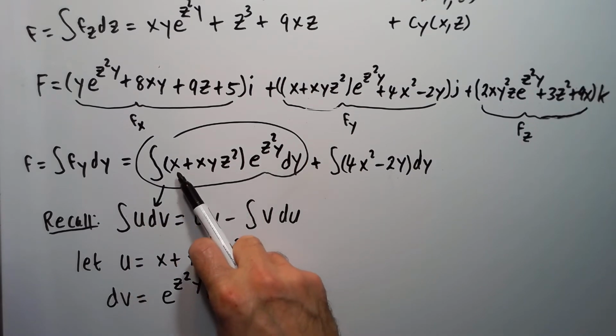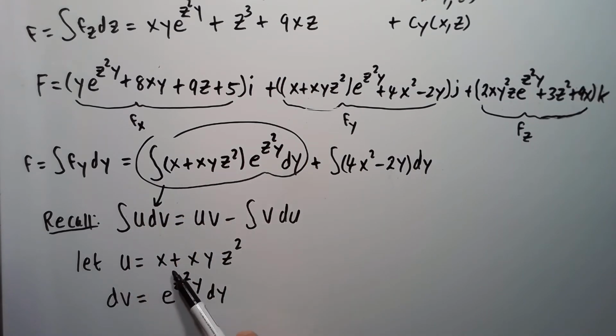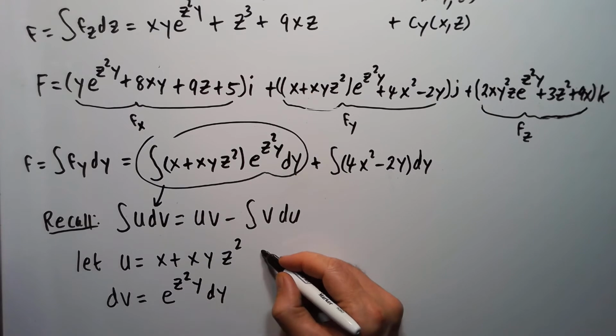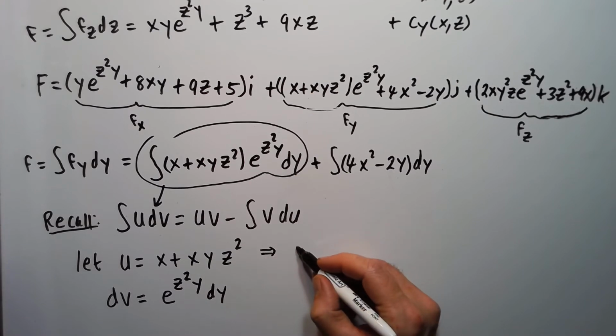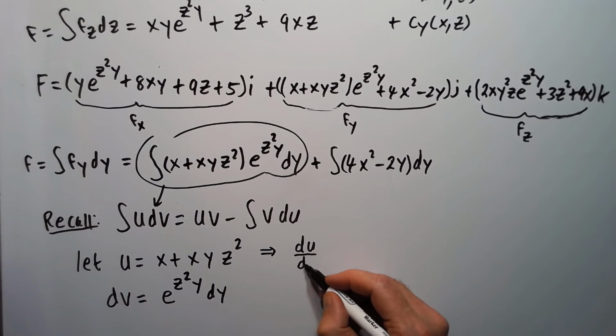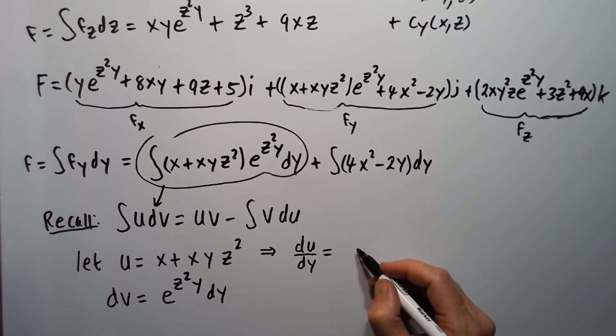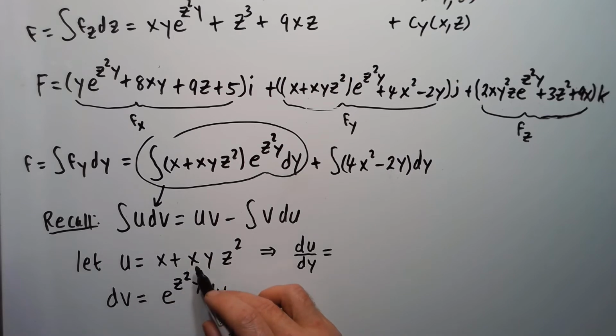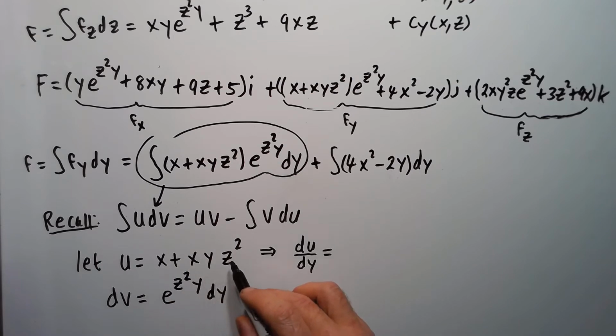I'm going to let u be x plus x y z squared, and let this part here be the dv. Doing that, du/dy will be 2xz.